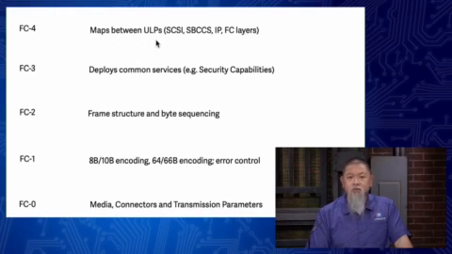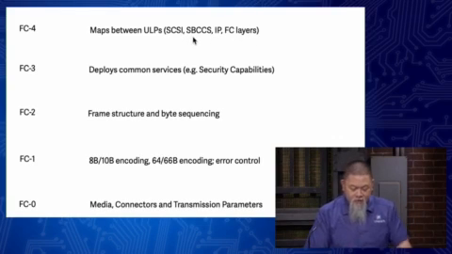Because once we get up to the realm of FC4, this is where we get into ULPs, which are upper layer protocols. This is what allows different technologies to use Fibre Channel as well. It allows for mapping between things like SCSI and IP, as well as Fibre Channel technology layers.